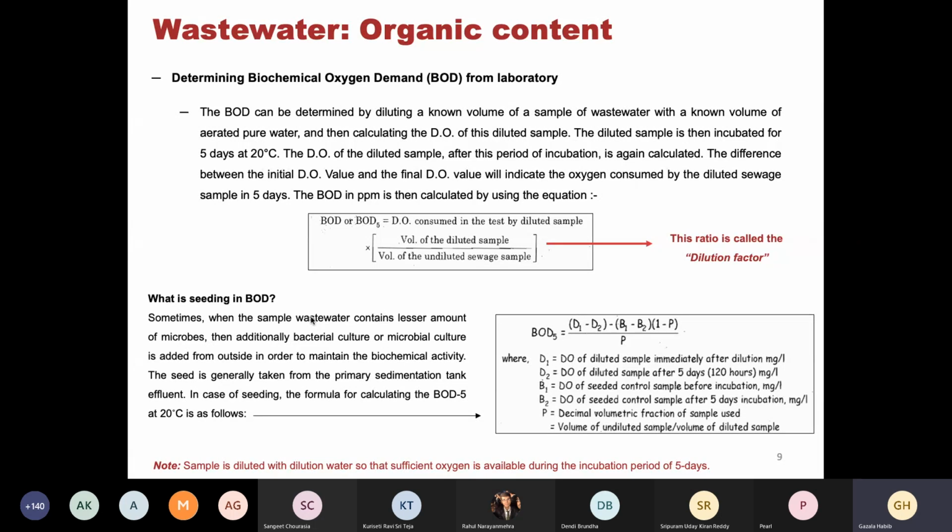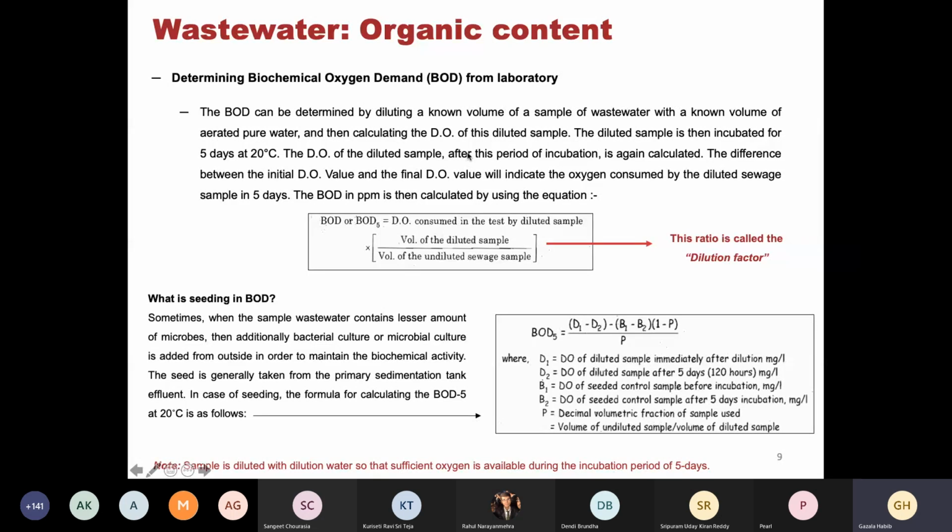We know the proportion, in terms of volume, of the wastewater sample and the water used for dilution, and the ratio gives us the dilution factor. So the volume of diluted sample divided by the volume of undiluted sewage sample is the dilution factor. And then we incubate it.